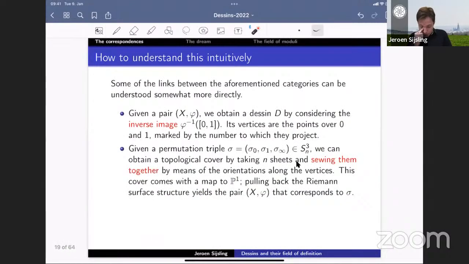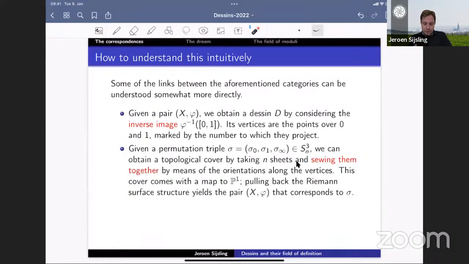There's also another thing that you can do. The next logical question is, suppose that you come to me with a permutation triple sigma. How then can I find this x, phi? Well, here's a vague and hand-wavy answer, but in fact it has to be vague because it's something difficult. You can think of it like this. You have your three permutations, sigma 0, sigma 1, and sigma infinity.